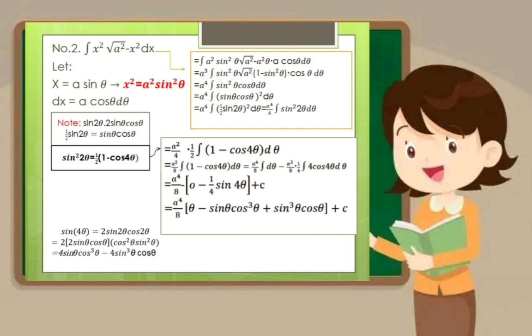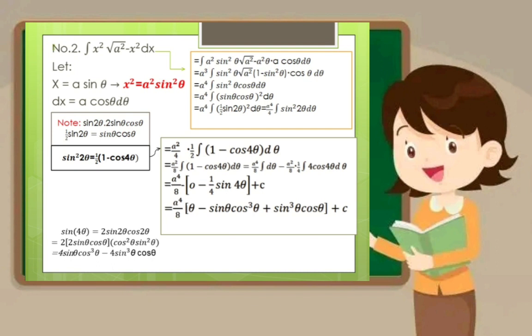The square root of cosine squared of theta is cosine of theta. Then we have here a cosine theta, so this is sine squared of theta, cosine squared of theta d theta. So this can be rewritten as the integral of the quantity sine of theta cosine of theta, squared, d theta.